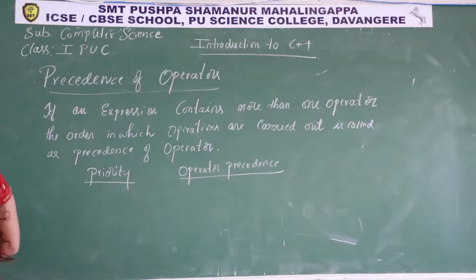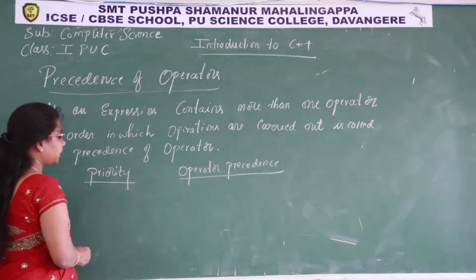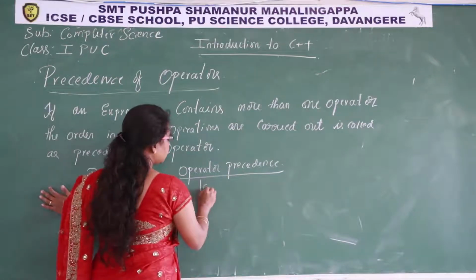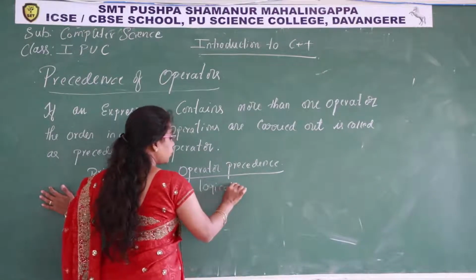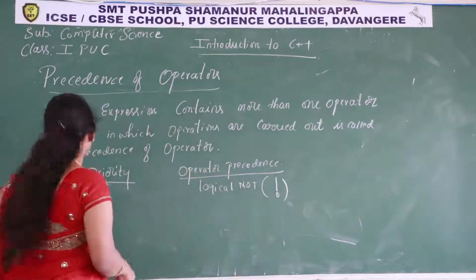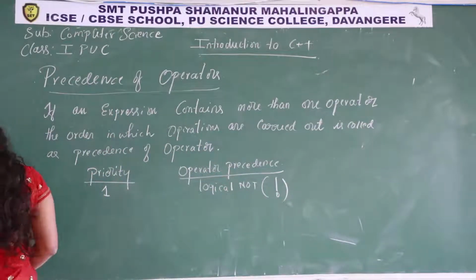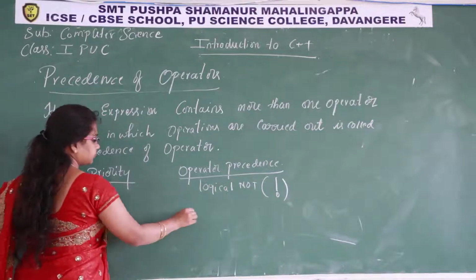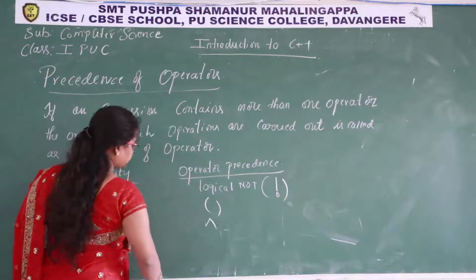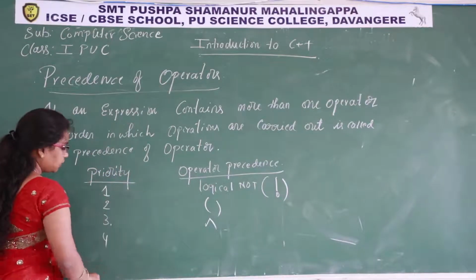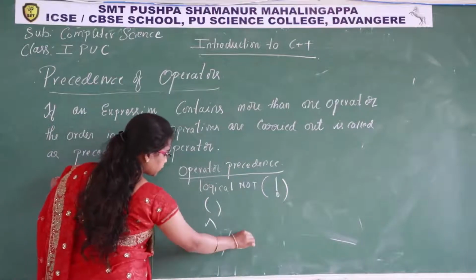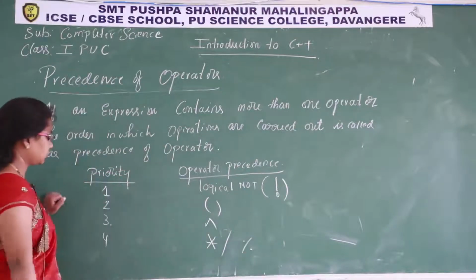Now, logical not operator, first priority, exclamatory. Next priority, parenthesis. Third priority, cap, that is power. Fourth priority, star, slash, and modulus.